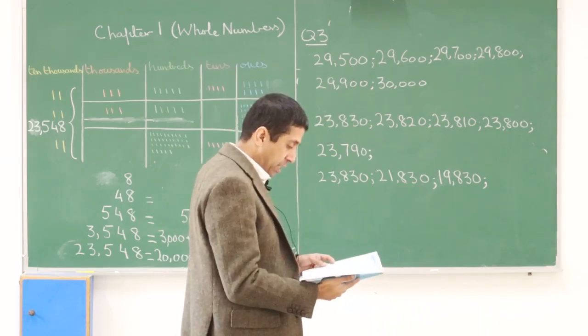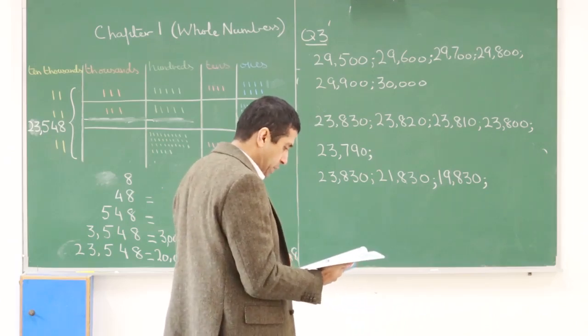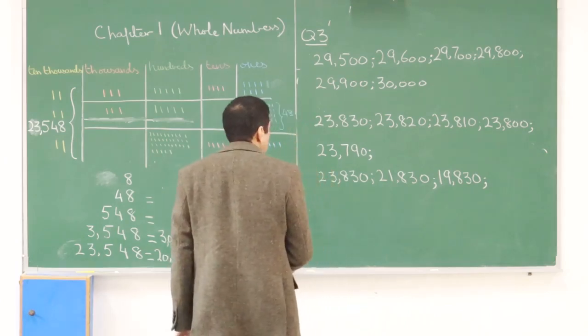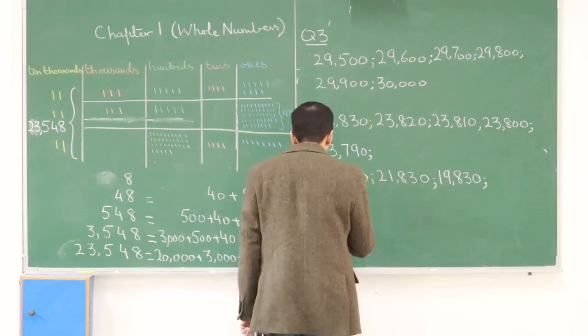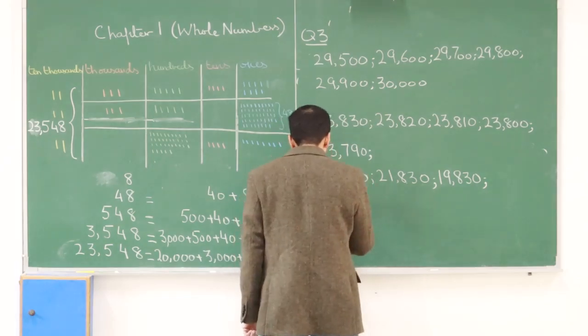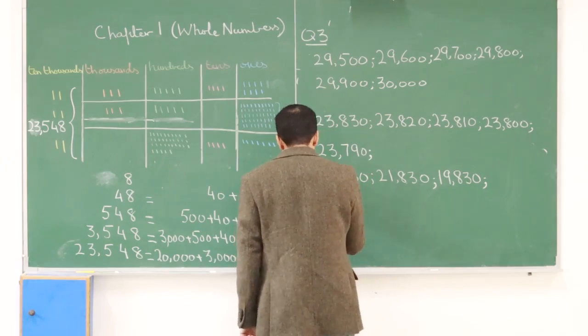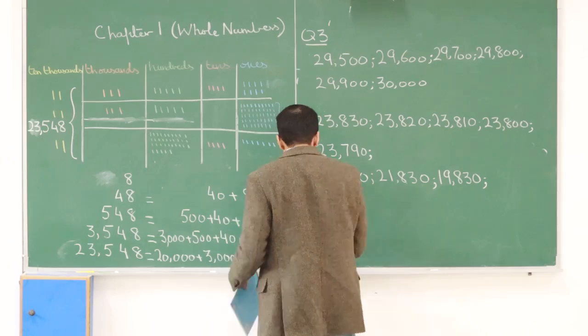Okay, so this was fairly easy, not too bad. Now let's try another question, maybe question number 4. 68,974.